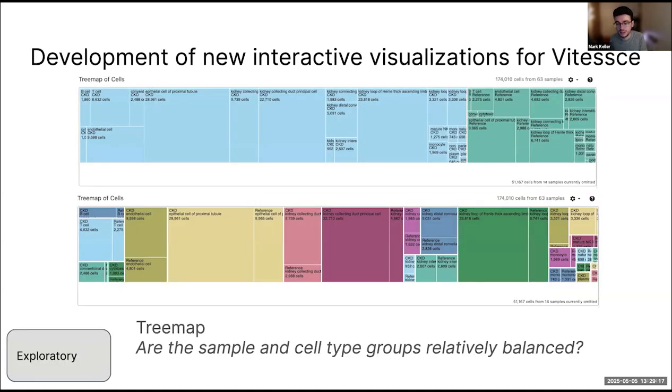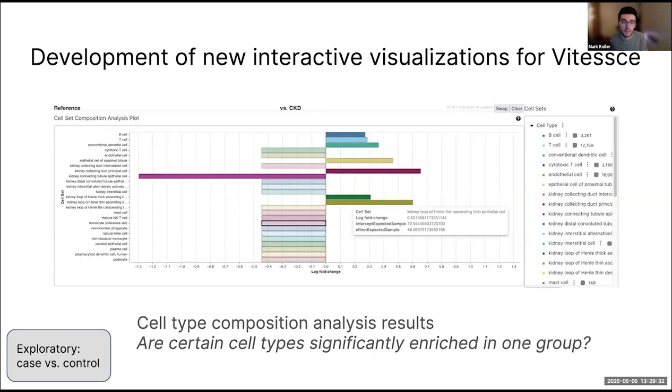We also developed some new interactive visualizations for the results. This is a tree map visualization to answer the question of whether the sample and cell type groups are relatively balanced, as well as this plot for cell type composition analysis results. Here the darker bars are the statistically significant results, and the lighter bars are the not significant results.